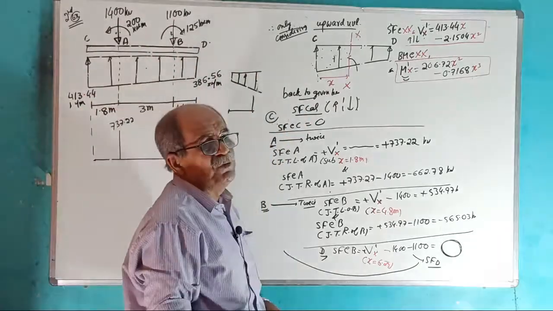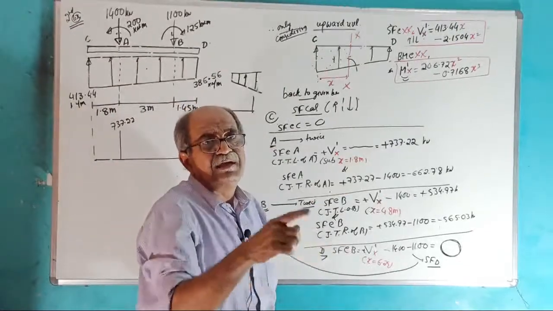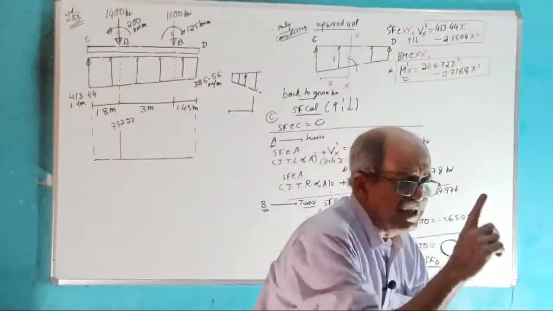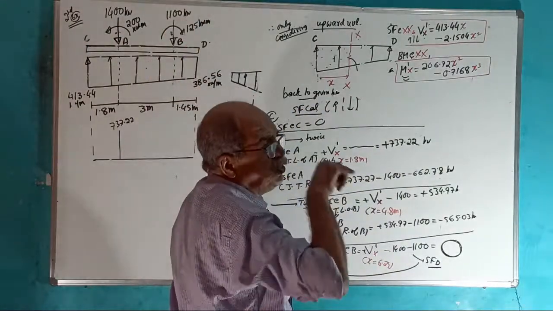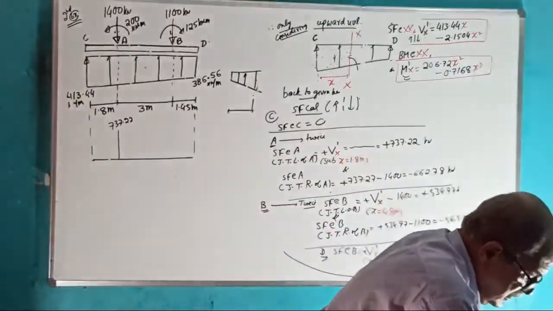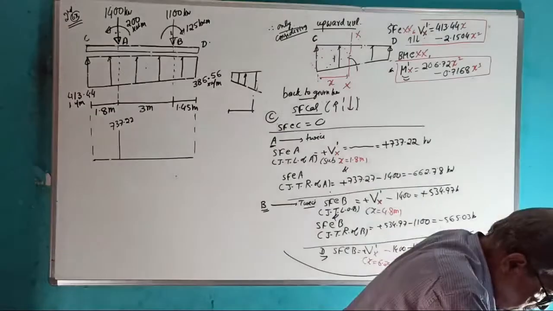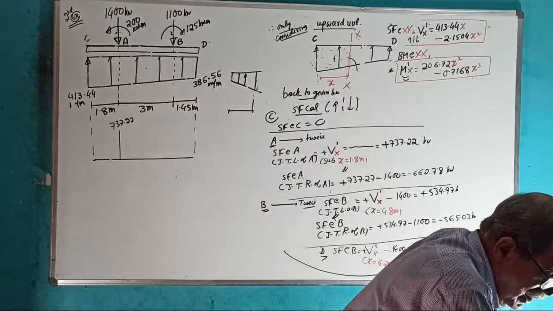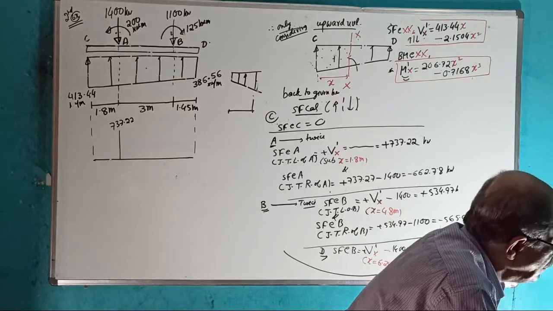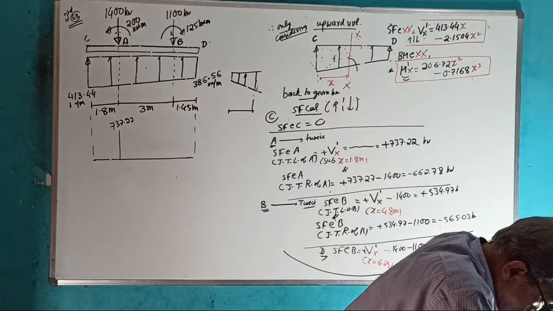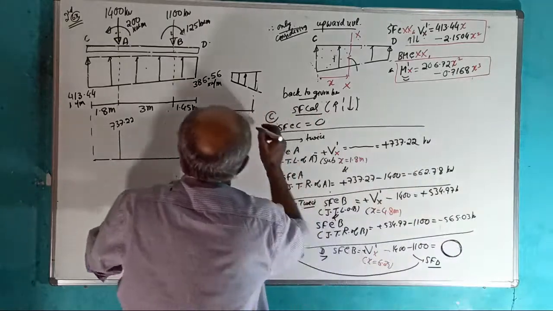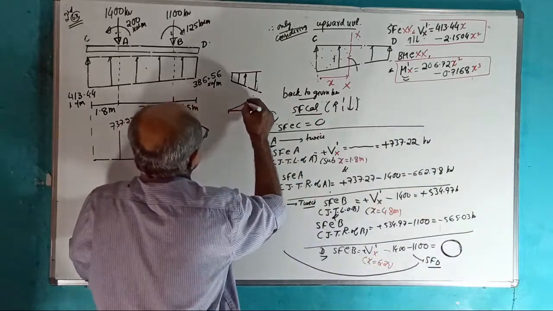So last time, as you go from left to right, the slope will increase. That's why last time's diagram was like this.